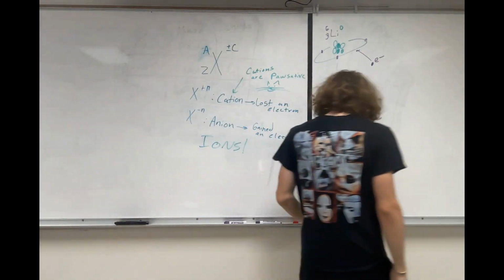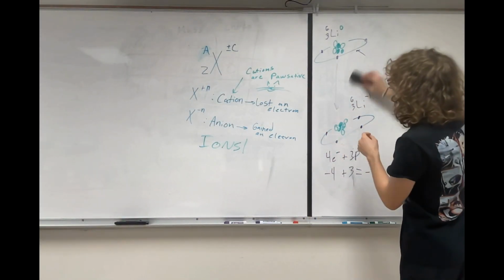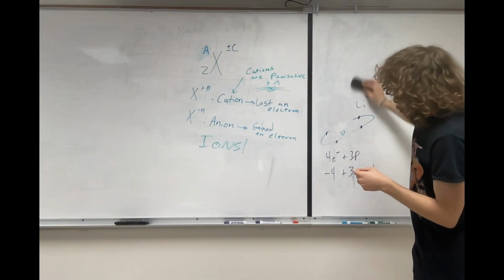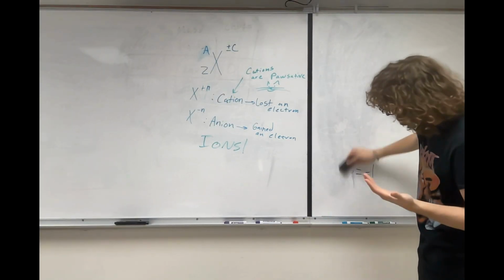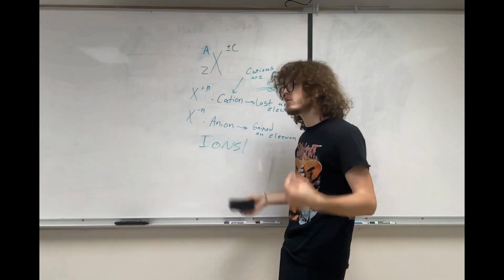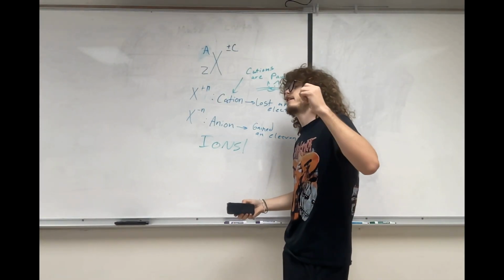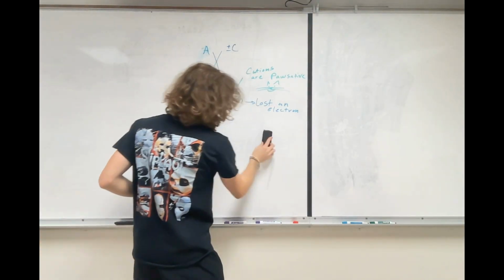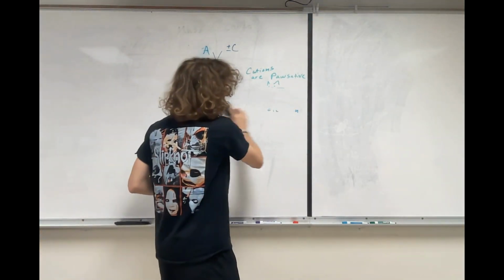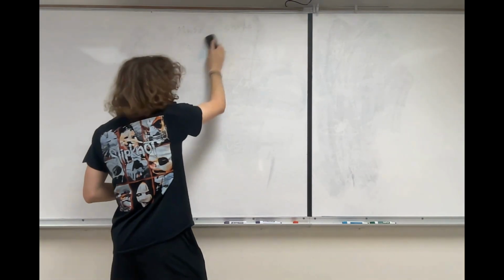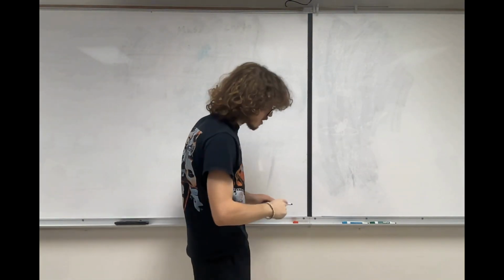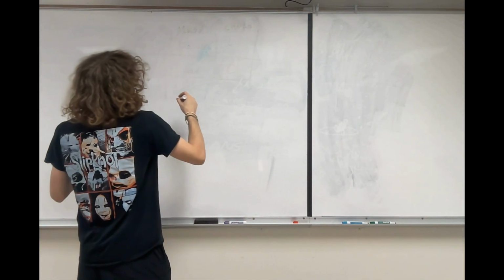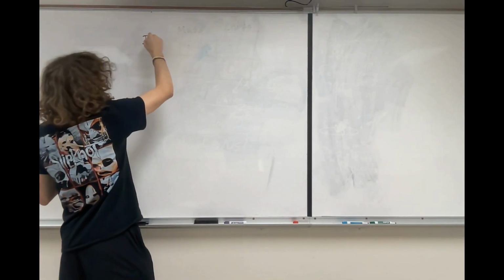Okay, so hopefully you understand cations and anions. We're going to talk about one more thing. Basically what we're going to talk about is what happens when we add another neutron to the mix, to a nucleus. Let's first just fundamentally know what an isotope is.